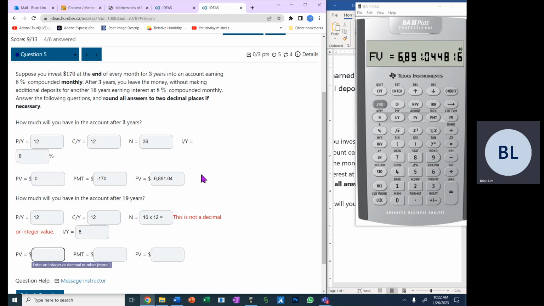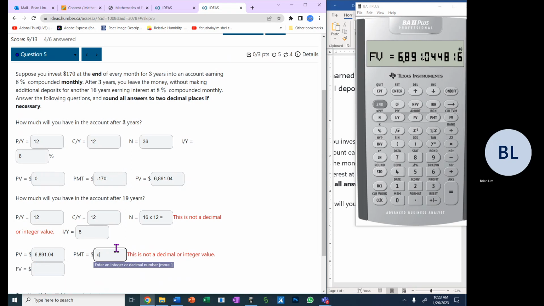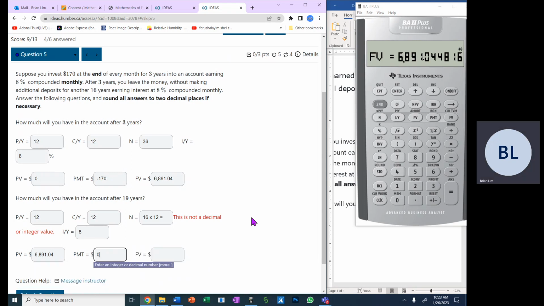Now the present value will be the amount from the previous calculation, the future value. So this number will go in here. All right, the payment is 0. Oops, sorry. It will be 0. And then now we can compute the future value right here.